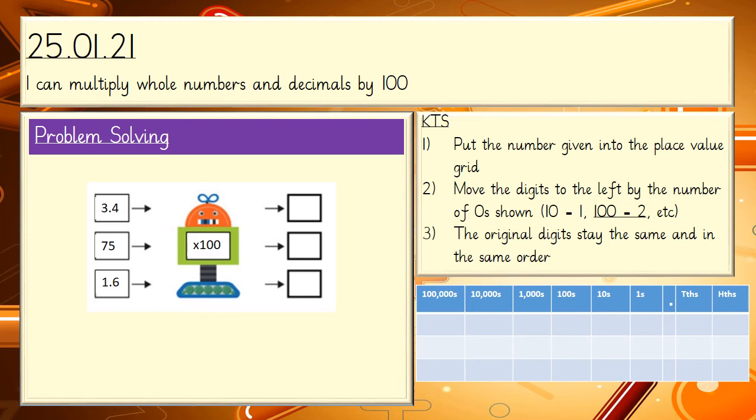For example, I'm going to start at the top. 3.4 multiplied by 100. So if I was to put 3.4 into my place value grid and move the digits 2 places to the left, you would end up with 340. What would I get if I multiplied 75 by 100?